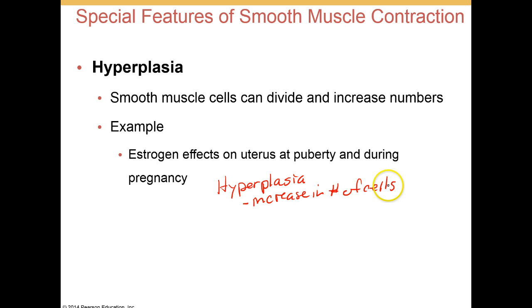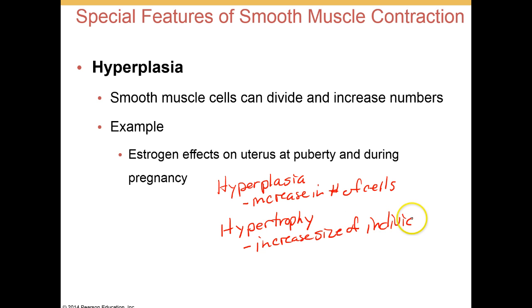So organs could get larger because of hyperplasia, increasing the number of cells, as opposed to hypertrophy. We talked a little bit about hypertrophy when you do weightlifting exercise with muscle cells. Hypertrophy will increase the size of individual cells.